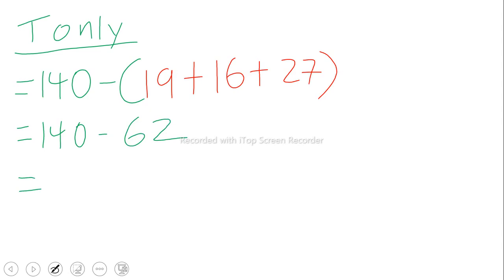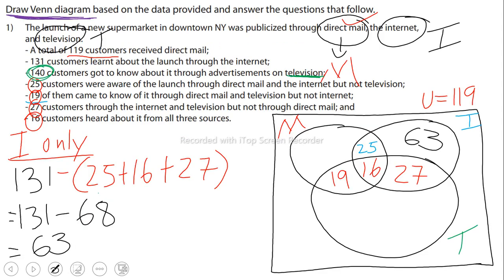What is 140 minus 62? 78. So T only is 78. Very good.